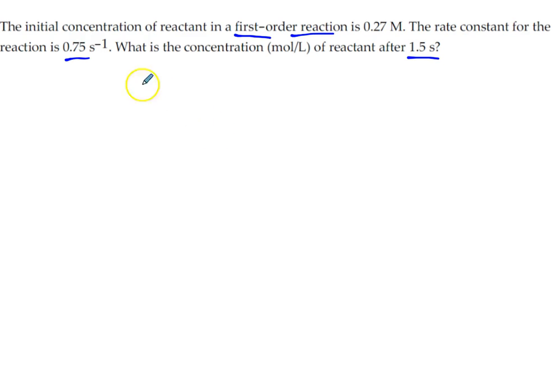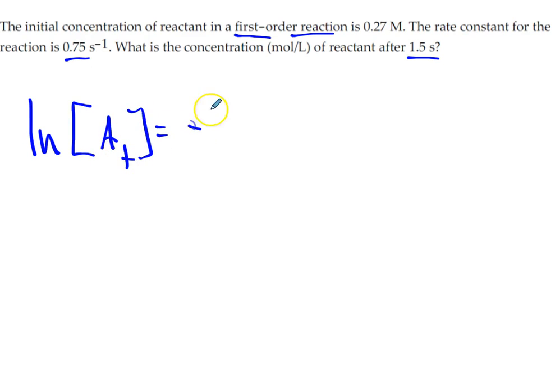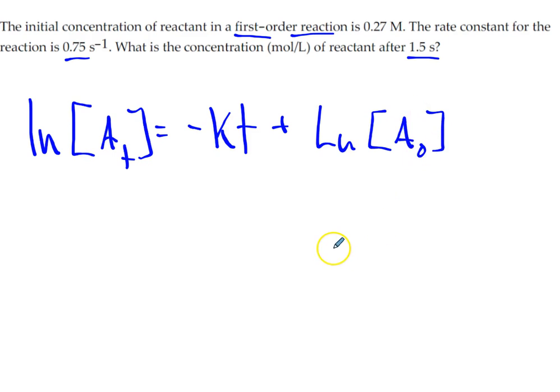I have that table. It's ln of A_t, I believe, equals negative kt plus ln of A naught. Correct? What is the concentration after a certain time? So we are solving for this value.